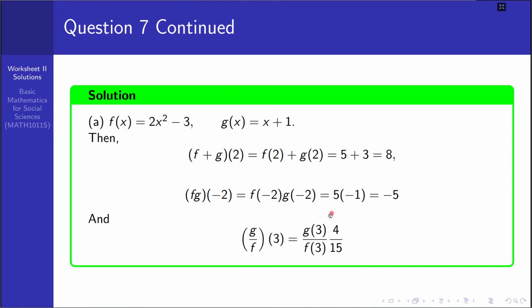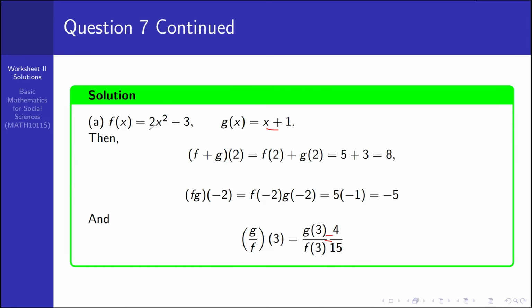And lastly, g over f of 3 is g of 3 over f of 3. Here g of 3, if you substitute 3, we have 3 plus 1, that's simply 4.